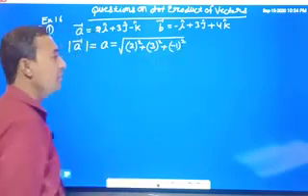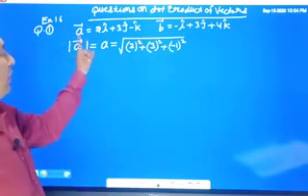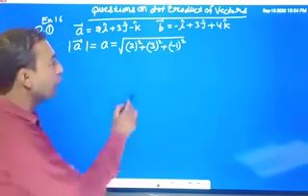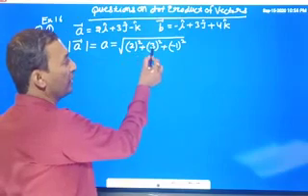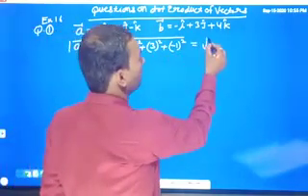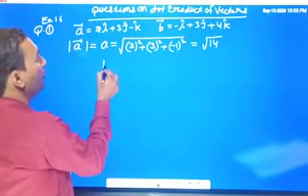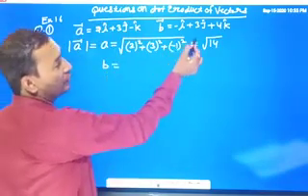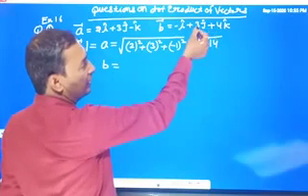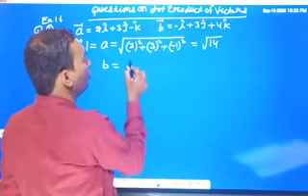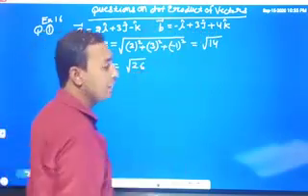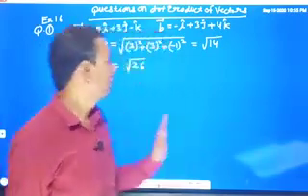So the magnitude of a is 4 plus 9, 13, plus 1, under root 14. Like that, we can find the magnitude of b vector also: 16 plus 9, 25, and 1, under root 26 is the magnitude of b vector.